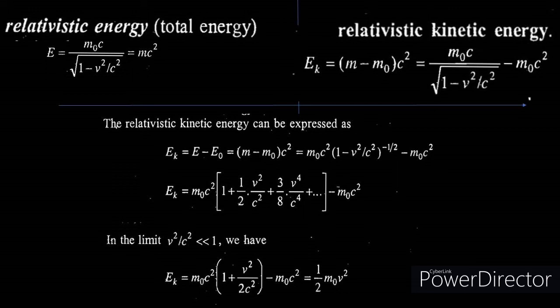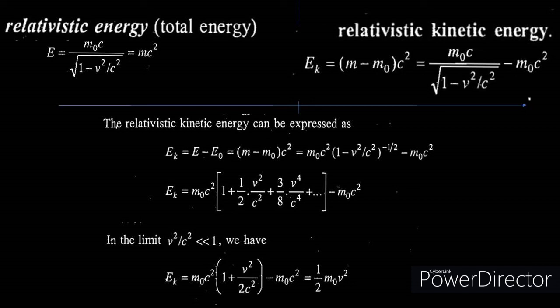If you substitute v square by c square is very less than 1, then we can neglect the higher order terms such as v raised to 4 divided by c raised to 4 etc. Then we would get Ek is equal to m0 c square into 1 plus v square by 2 c square minus m0 c square. This gives Ek is equal to half m0 v square, which is the classical kinetic energy relation.